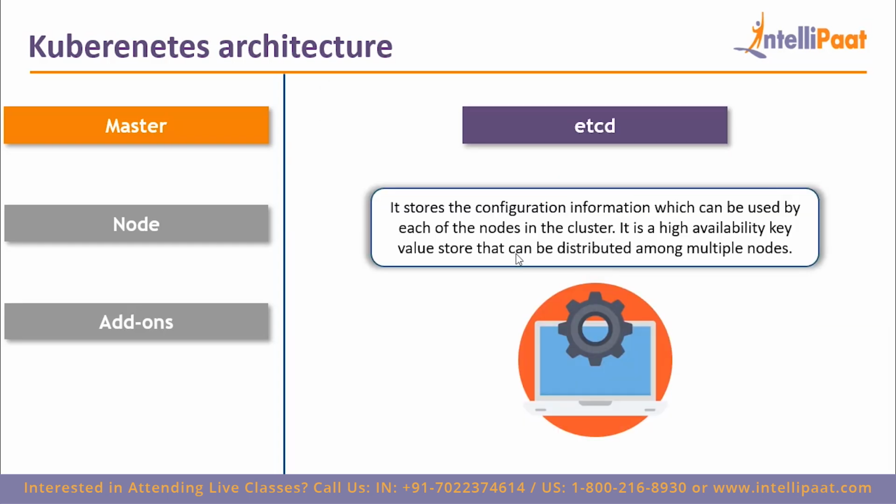Basically etcd stores configuration information which can be used by each of the nodes in the cluster. It is a highly available key value store which can be distributed among multiple nodes. The job of etcd is to store all the configuration and specifications, and it has to be readily available across all of the nodes, so that there's constant availability and you know what is going on.